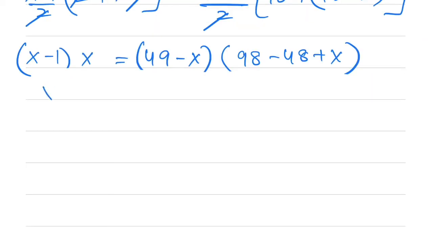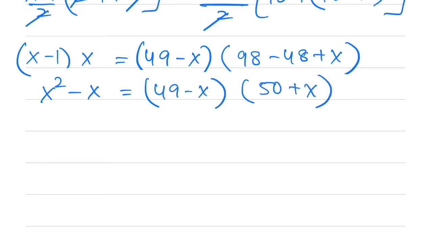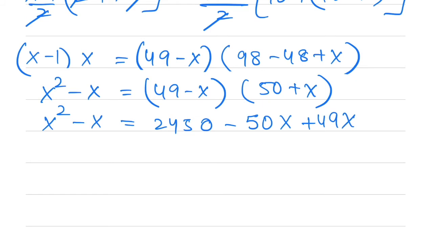Here we have x square minus x is equal to 49 minus x into 50 plus x. So this is equal to x square minus x is equal to 2450 minus 50x plus 49x minus x square.